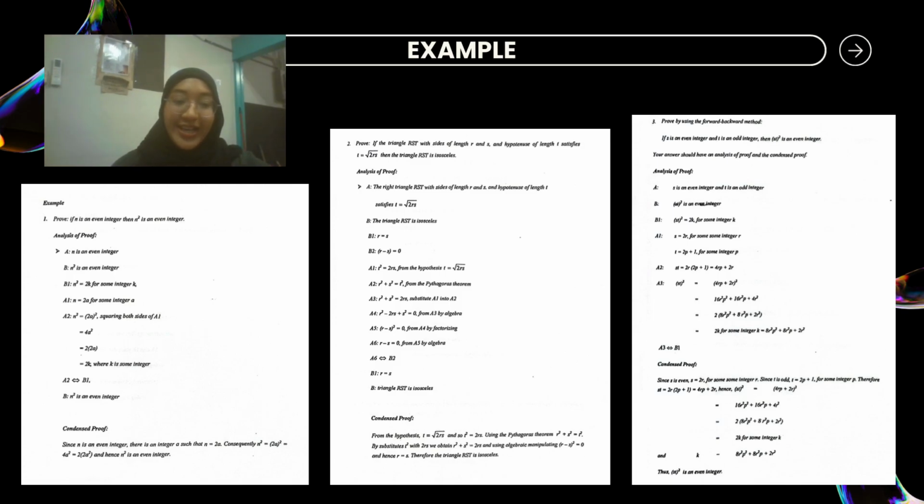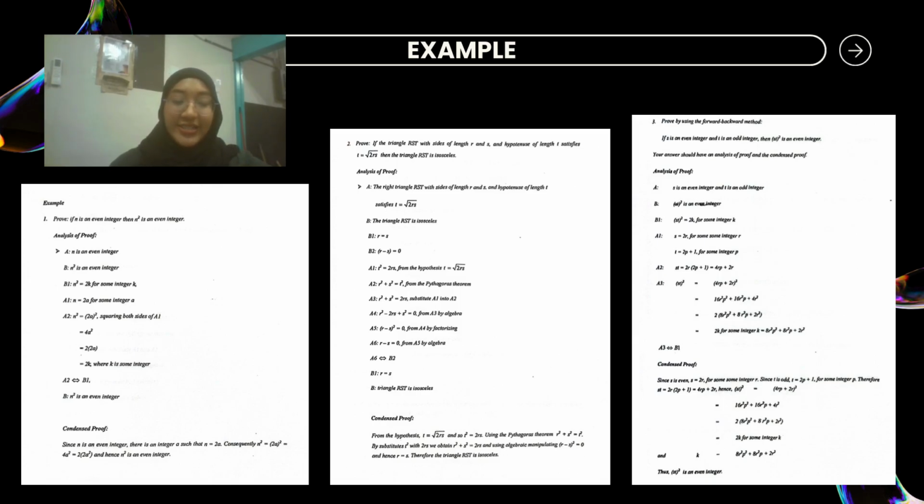B1: (st) squared equals 2k for some integer k. A1: s equals 2r for some integer r, and t equals 2p plus 1 for some integer p. A2: st equals 2r(2p plus 1), which equals 4rp plus 2r.